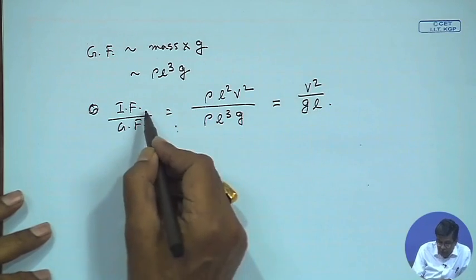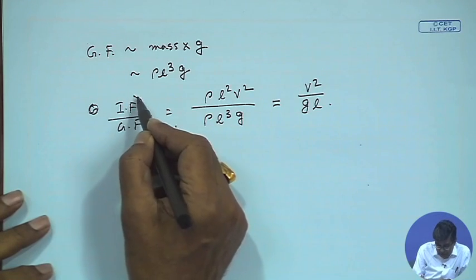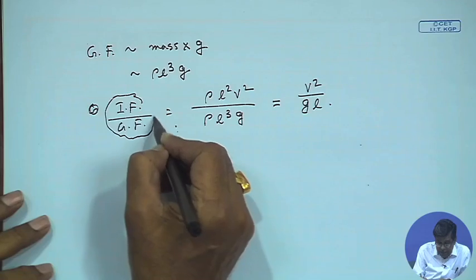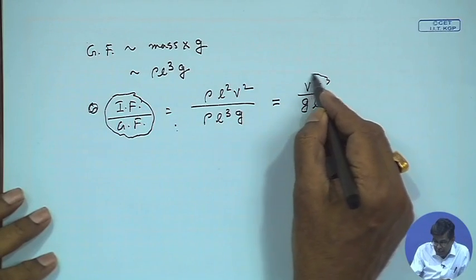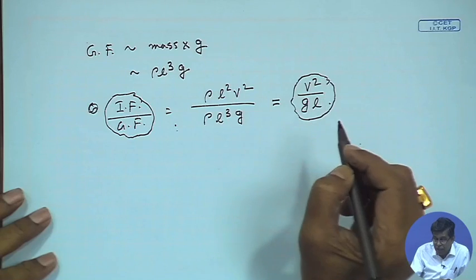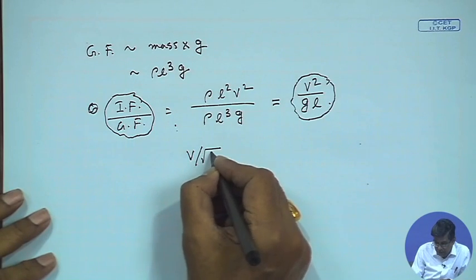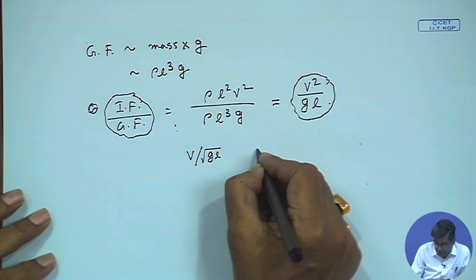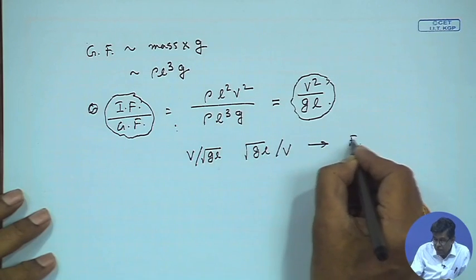And therefore, for problems which are governed by the inertia force and gravity force, their ratio has to be the same at all corresponding points between the two systems, to maintain which V square by g L has to be kept constant. And the square root of this ratio, V by root over g L, or sometimes root over g L by V, is known as the Froude number.